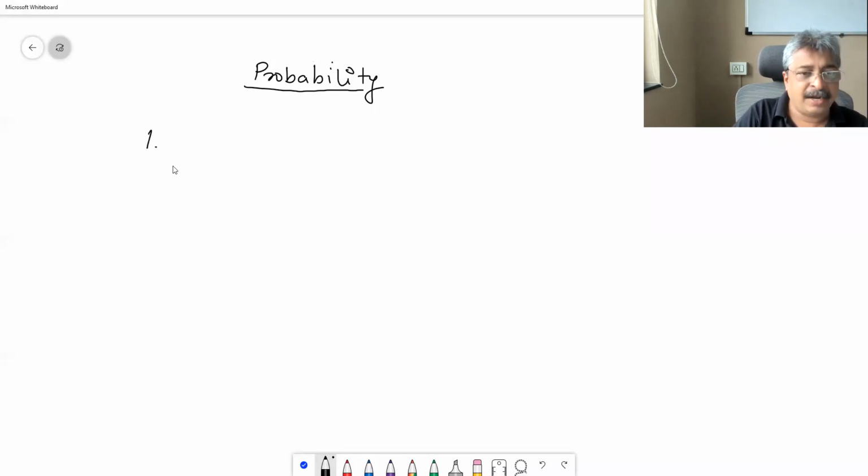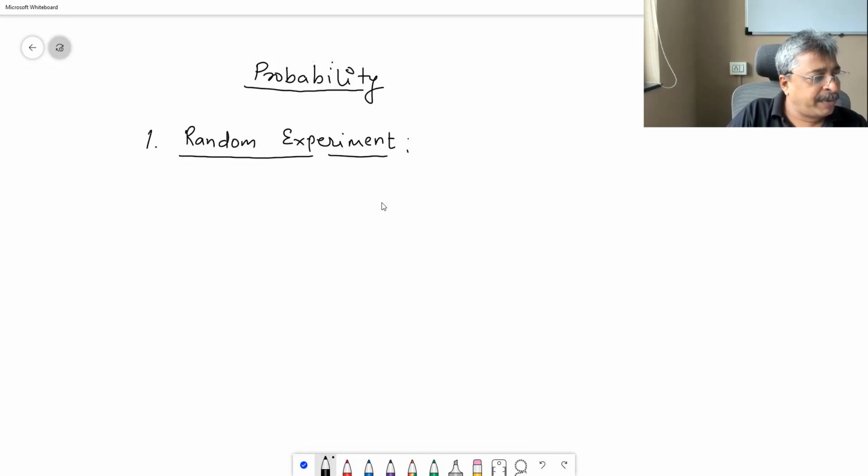First, random experiment. A random experiment is an act or experiment which has more than one possible result, which are known in advance, and it is not possible to predict which one is going to occur.